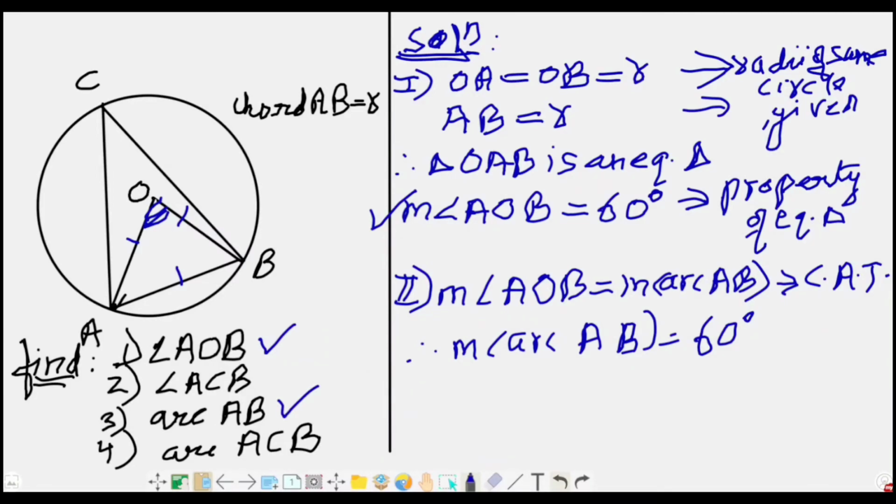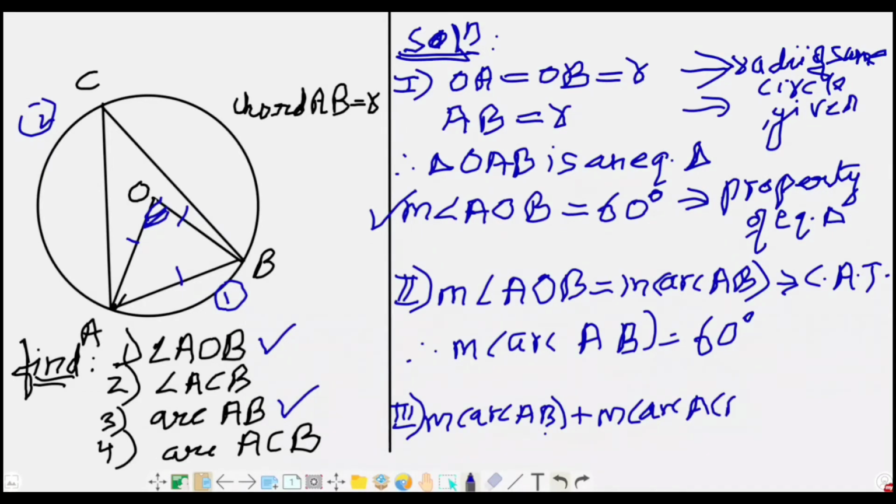Now you know that arc AB, suppose this is my first arc, and the remaining part is my second arc, together form a circle. So that concept we will utilize now. My measure of arc AB plus measure of arc ACB together will be equal to 360 degrees.